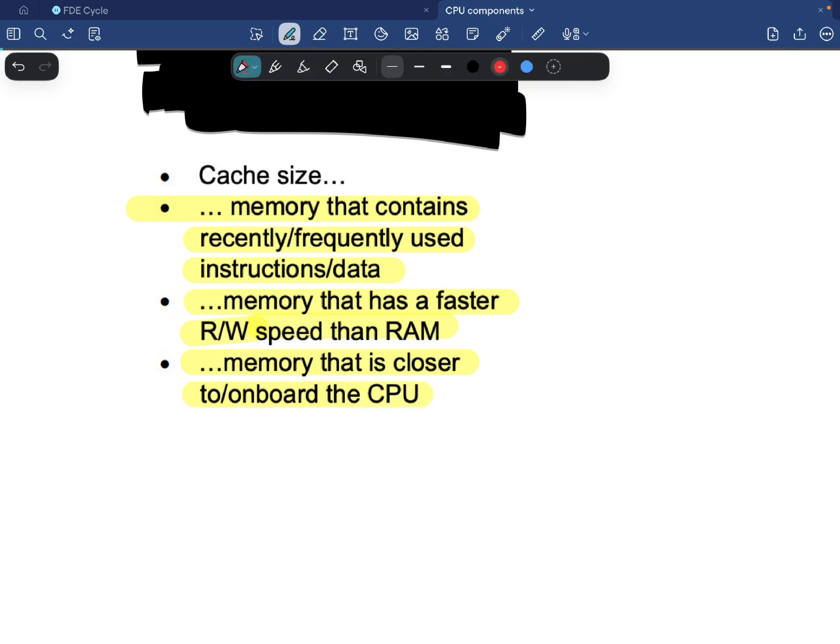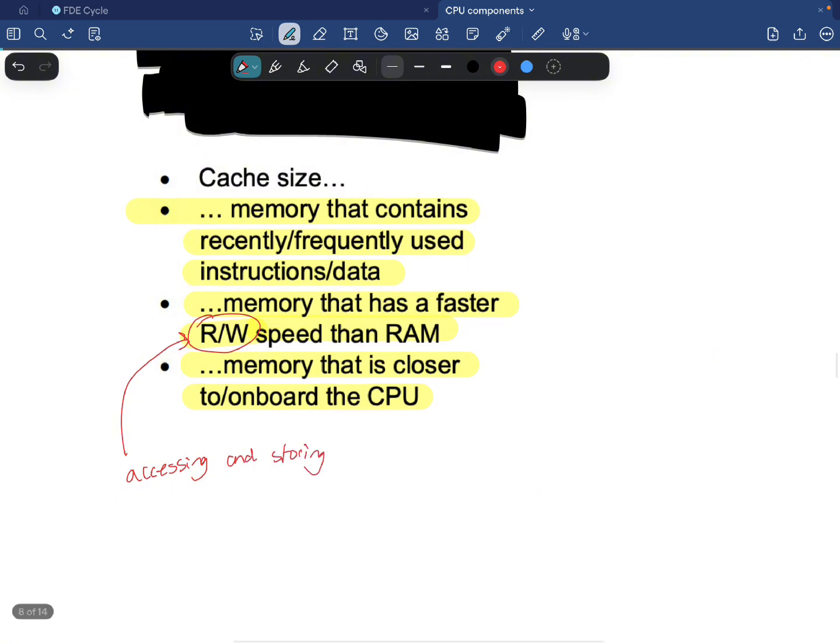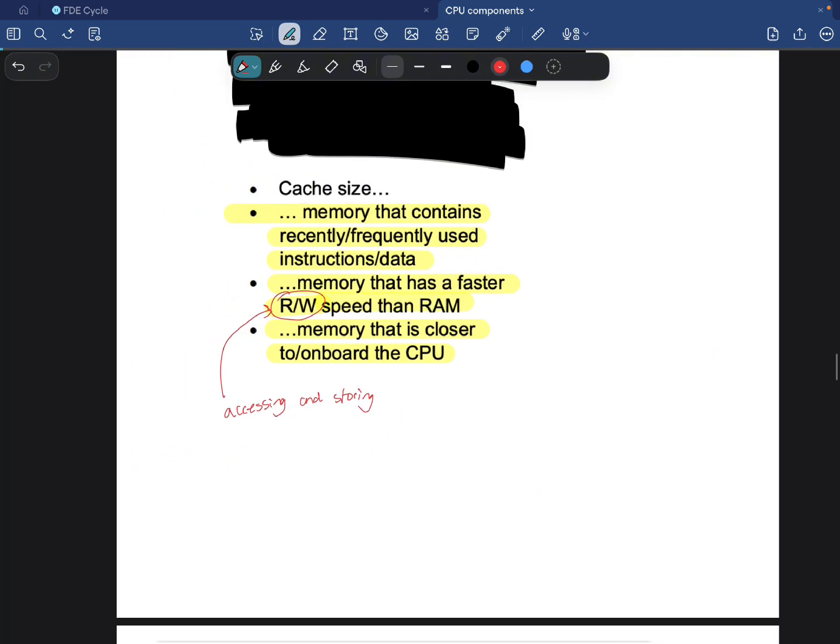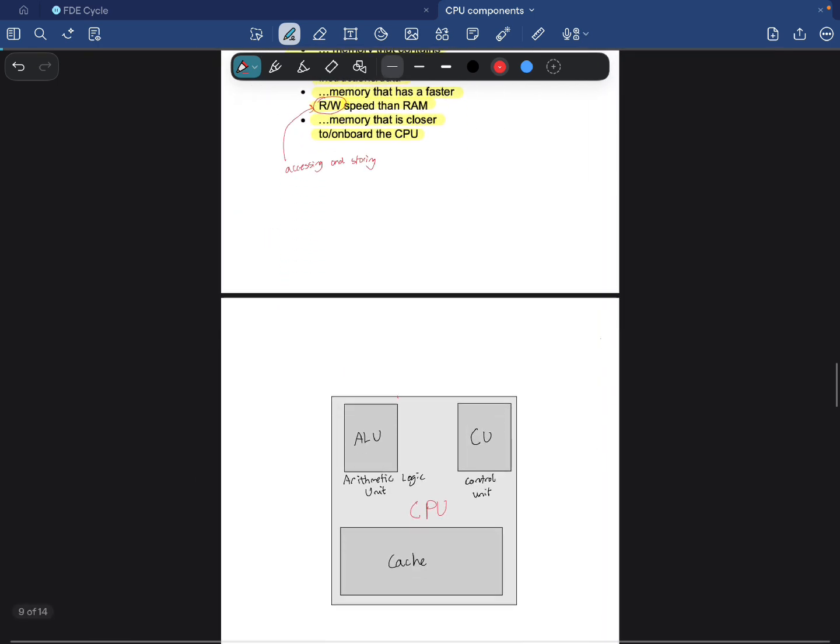So again, this read and write, accessing and storing. Now this is the exact definition for cache, so I suggest you learn this.